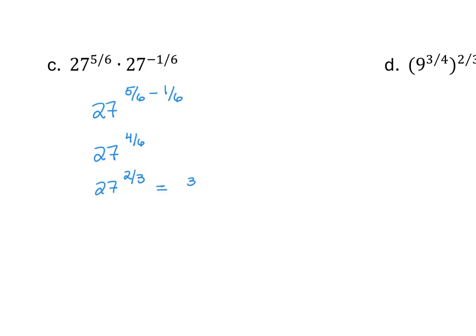Again, the denominator in the exponent is going to become my root, and the numerator is going to stay as a regular exponent. All right, if we take the cube root of 27, we get 3, and 3 squared is equal to 9, and we're done.